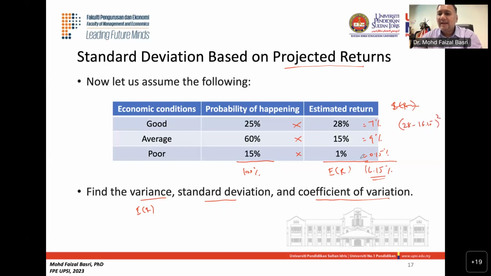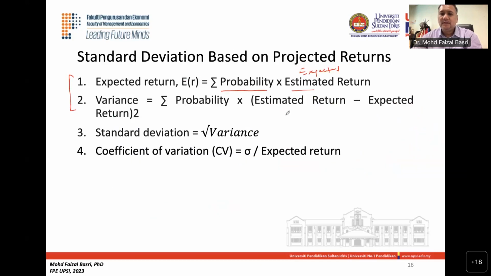So for every level, you need to take the estimated return, 15 for example, minus the average, 16.15, squared. And also the last one, 1% minus 16.15 squared. Then we need to sum all 3. Based on this, the difference times the probability, and then you sum.